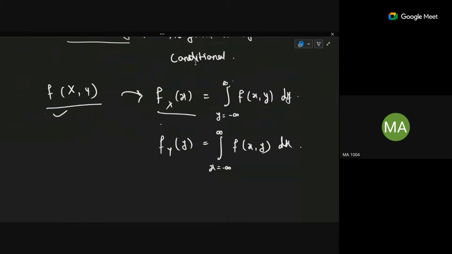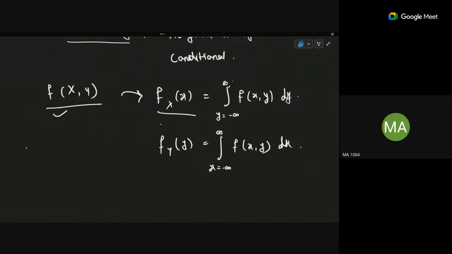Ma'am, in one of the lectures, in the case of discrete random variables, sir made a statement: summation over everything you don't want. Can we relate it to that? Yeah, this is the same thing. Integration over everything that we don't want. Do you know that integration is nothing but a kind of summation?